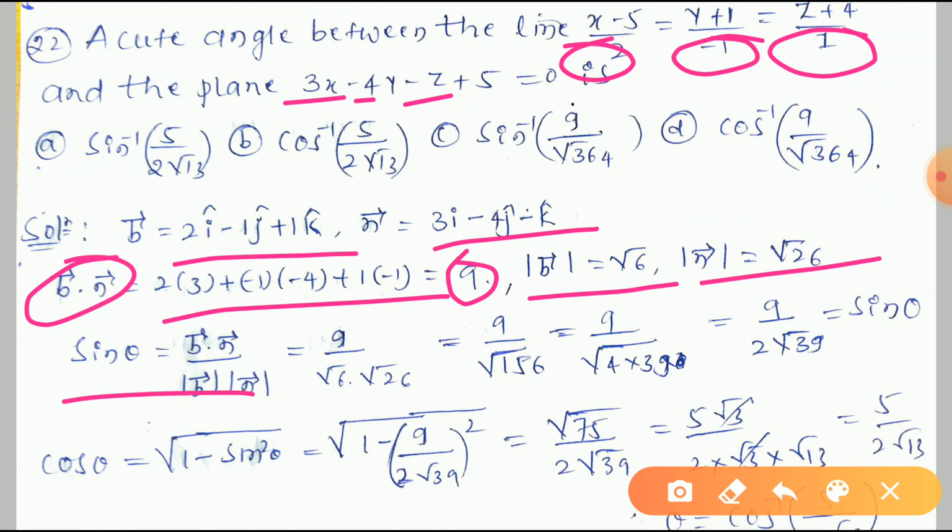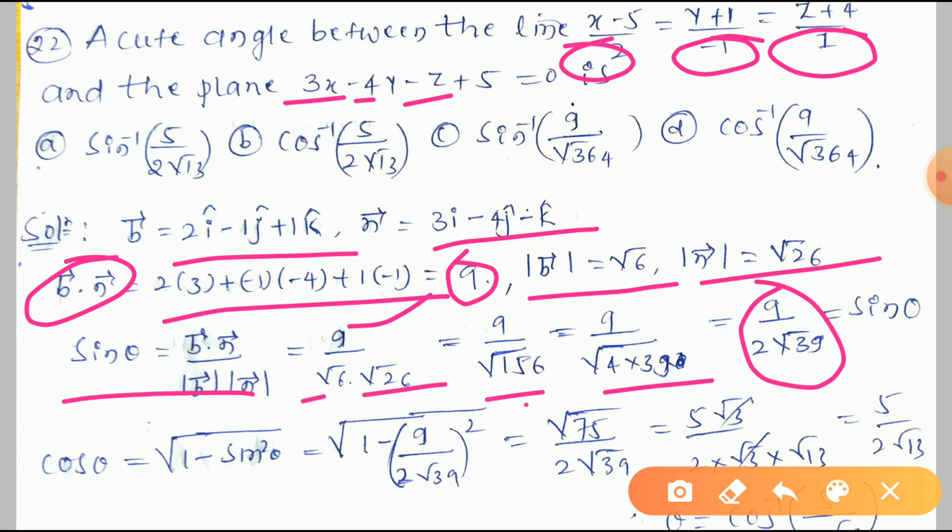B dot n is equal to 9, so it is 9 divided by root 6 into root 26, which is root 156. 156 splits into 4 times 39, so 9 by 2 root 39. This is our sin theta, so theta is sin inverse of 9 by 2 root 13.